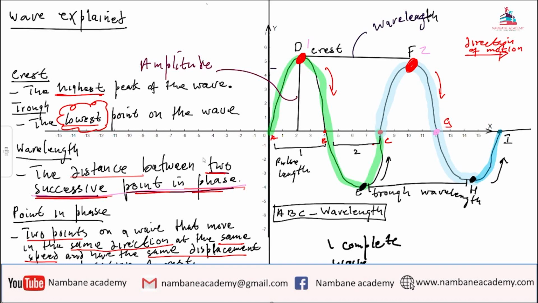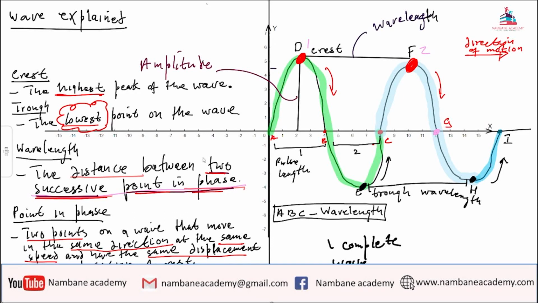Hence, when I started engaging with you in terms of points in phase and out of phase, I said this is a critical concept, because we are going to need it. So points that are moving in the same direction and have the same displacement, very, very important. Then we will be able to identify our wavelength.